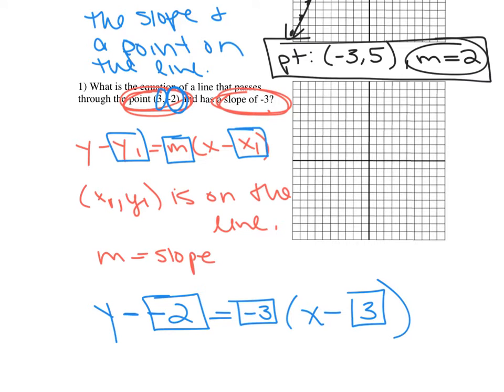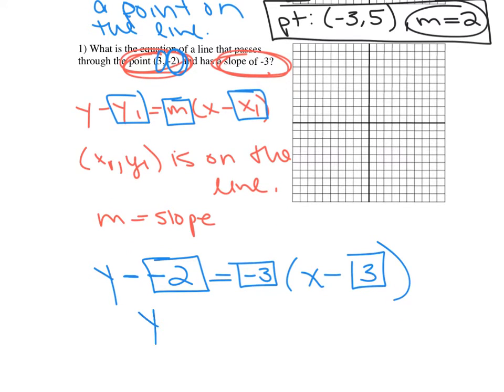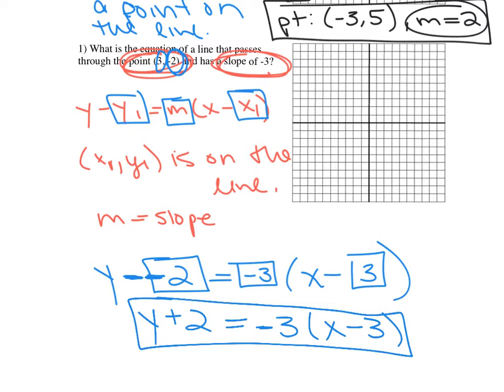So there's my equation. I have y plus 2, because, right, this is a double negative, is equal to negative 3 times x minus 3. That's it. That's your equation of the line in point-slope form. You don't have to do anything else.